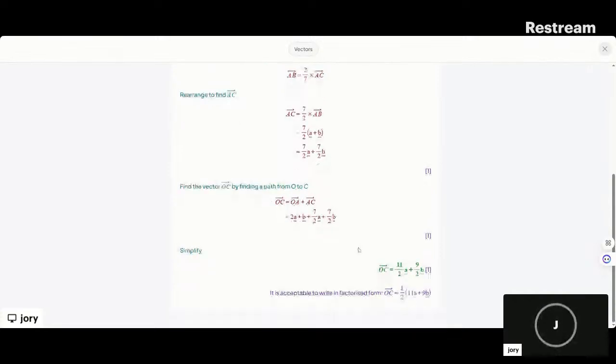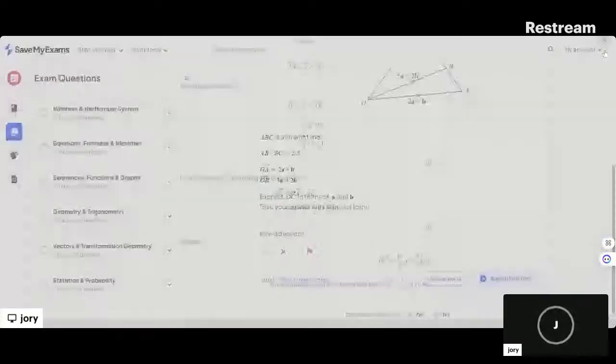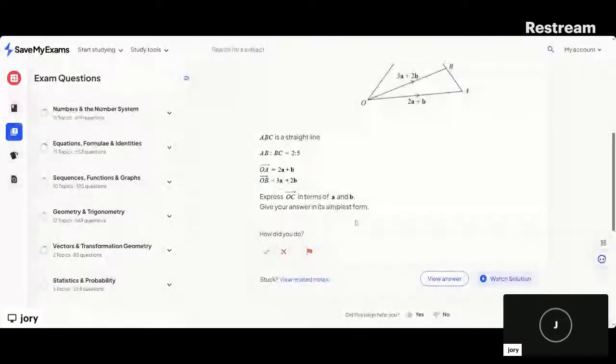Not what I did, but I got the final answer. It's acceptable to write the factorized form. No, but you used different vectors. I think I'm still right, because I still got the right answer. Yeah, okay, I got the right answer.